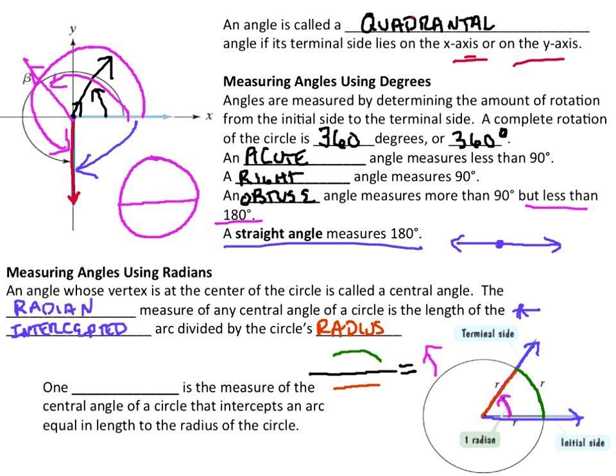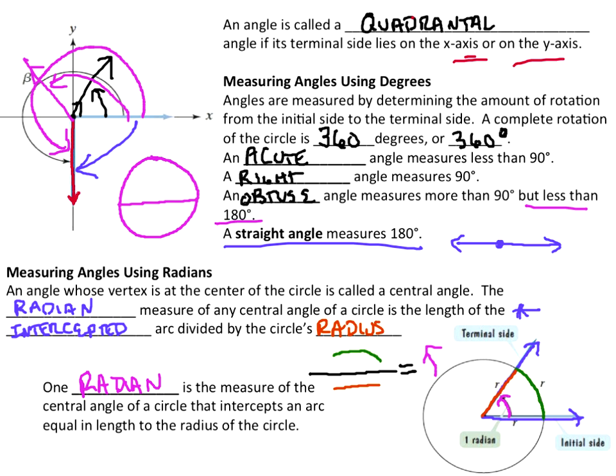All right, so 1 radian is the measure of the central angle of a circle that intercepts an arc equal in length to the radius of the circle. So the measure of the central angle, that's in pink over there, of a circle that intercepts an arc equal in length to the radius.